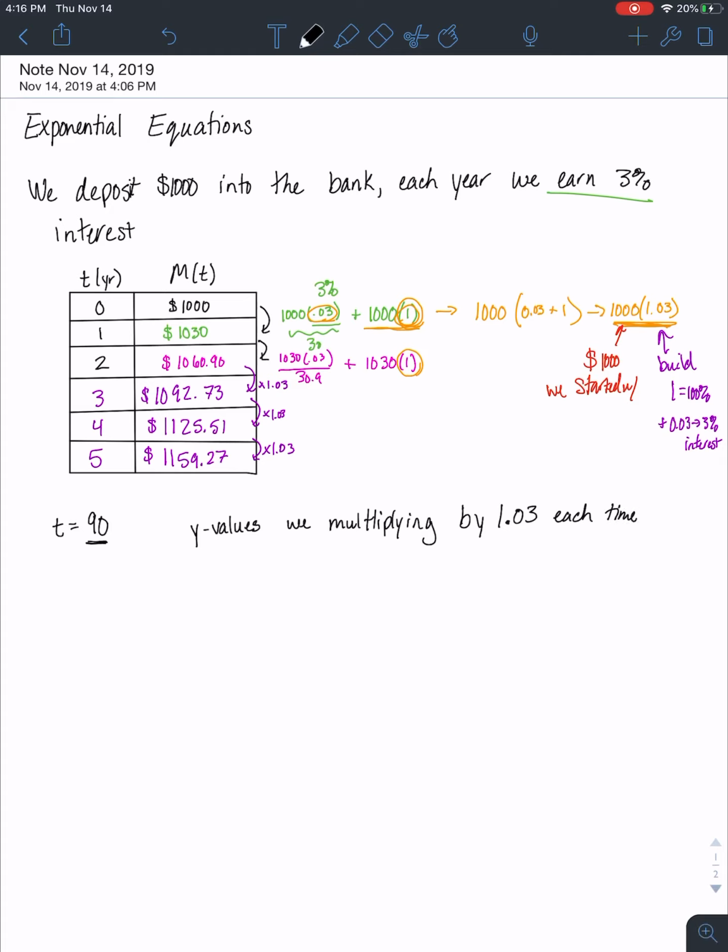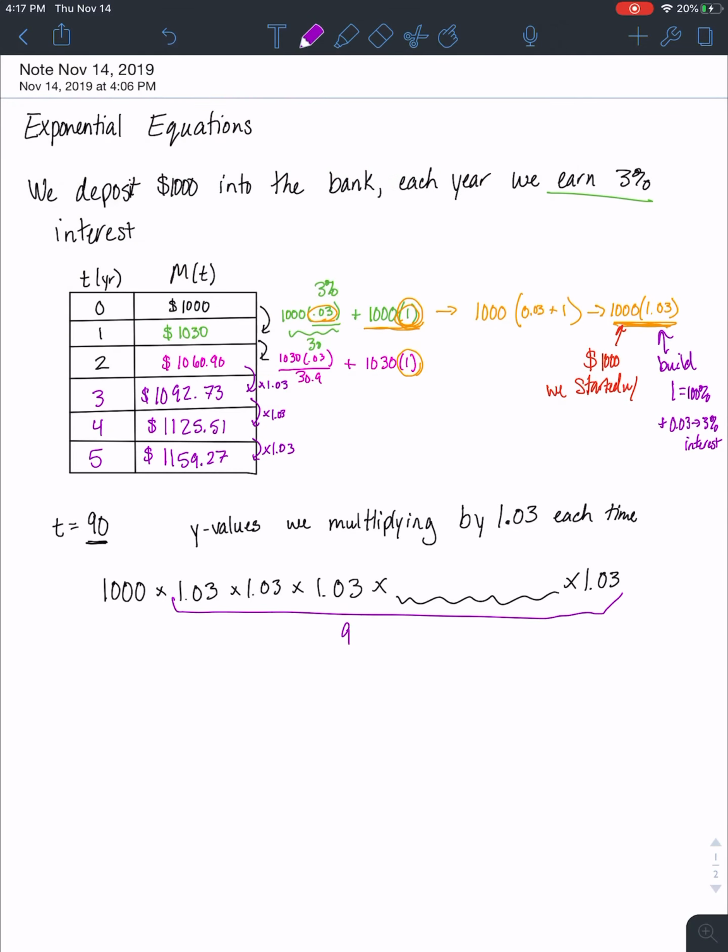In order to do 90 years, I would start at 1,000 and multiply by 1.03 times 1.03 all the way out forever and ever so that I have exactly 90 of them. In the end, I would want 90 of these guys, 90 times, to equal what's going on in this situation.